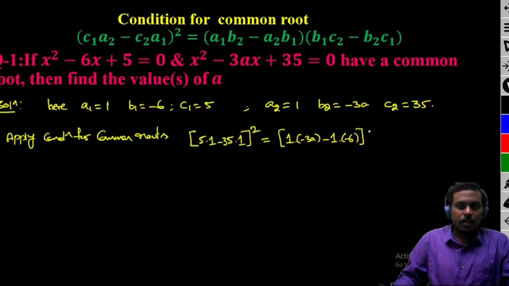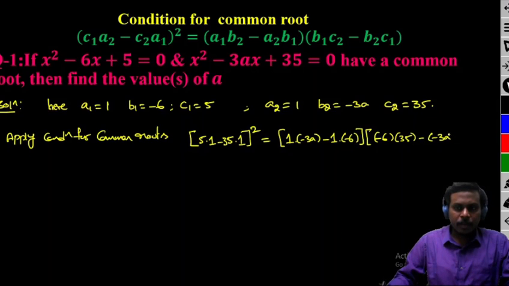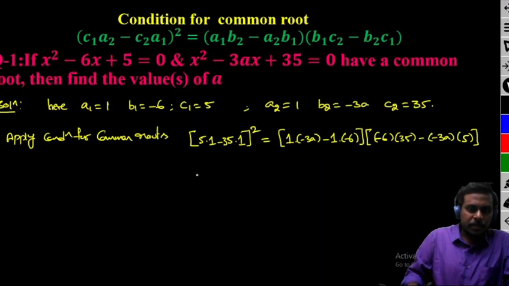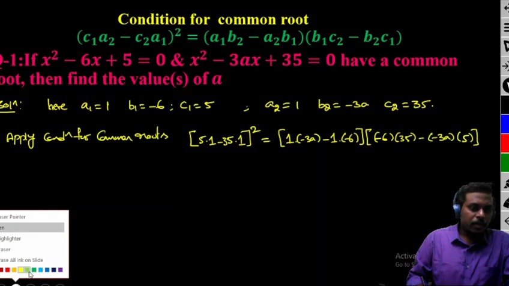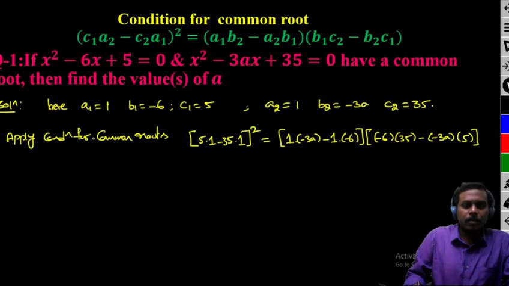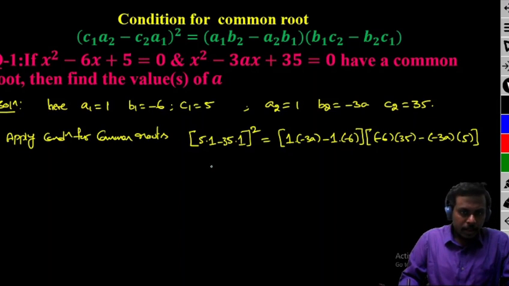So this is one of the two terms. And the next one is b1 into c2, b1 is minus 6 into c2 is 35, minus b2, b2 value is minus 3a into c1 value is 5 actually. So we have substituted the values in the above condition. Now, so this is 5 minus 35.